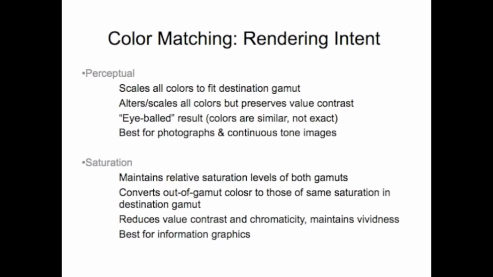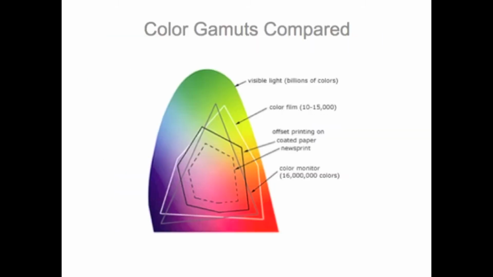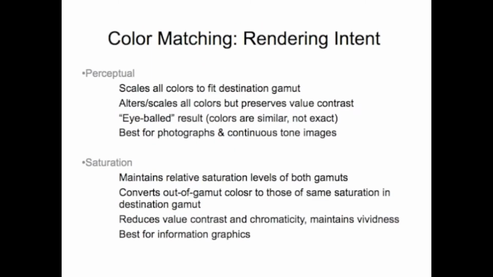Rendering intent is how the colors are brought together between the additive and the subtractive. It is basically, how do you get all that color information comfortably inside a smaller space? Do you squeeze it all in? Do you eliminate some colors? Do you keep some out and only take certain ones? You go from a larger space to a smaller space.